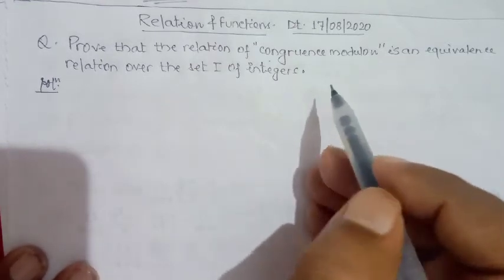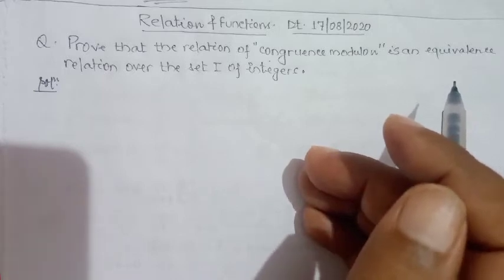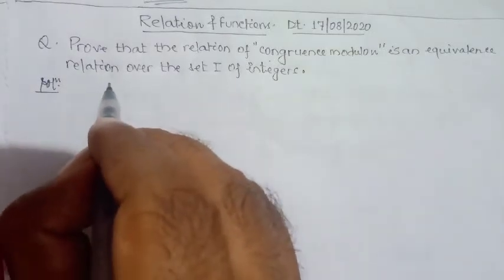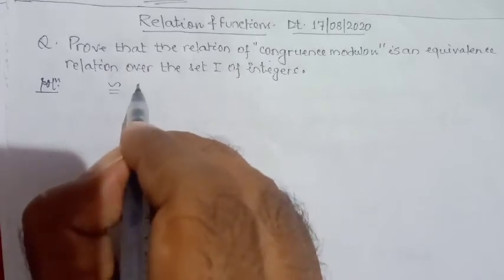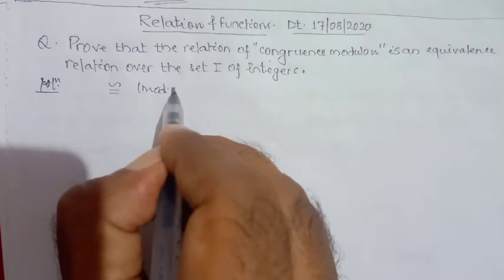Students, first see what is the meaning of congruence modulo. We represent it with the congruence symbol and write modulo, so in short, modulo n.